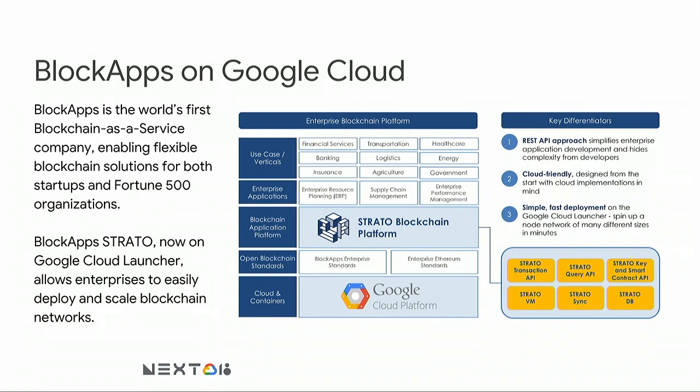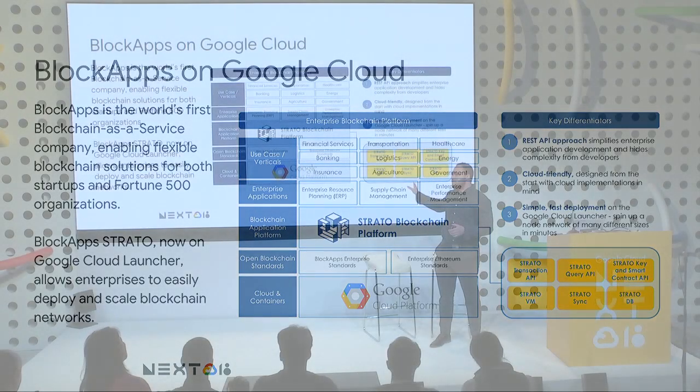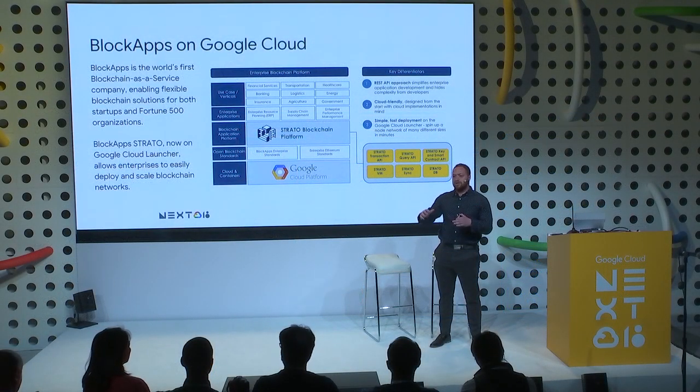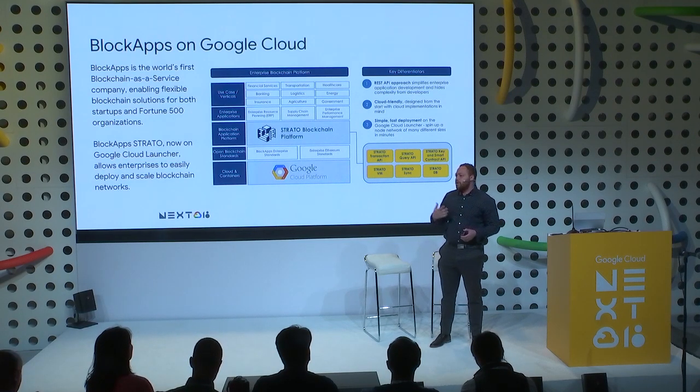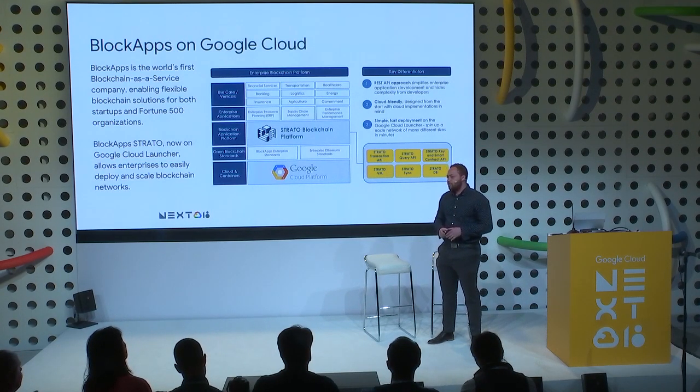As far as our platform goes, it's sort of split into kind of two core use cases. One, the ledger itself. So on the lower side here, the virtual machine, which does transaction processing, synchronization, which comprises the peer-to-peer network, and the consensus algorithm that allows everyone to arrive at the same shared truth. And the database component, which allows our customers to query the blockchain as they would a traditional relational database.